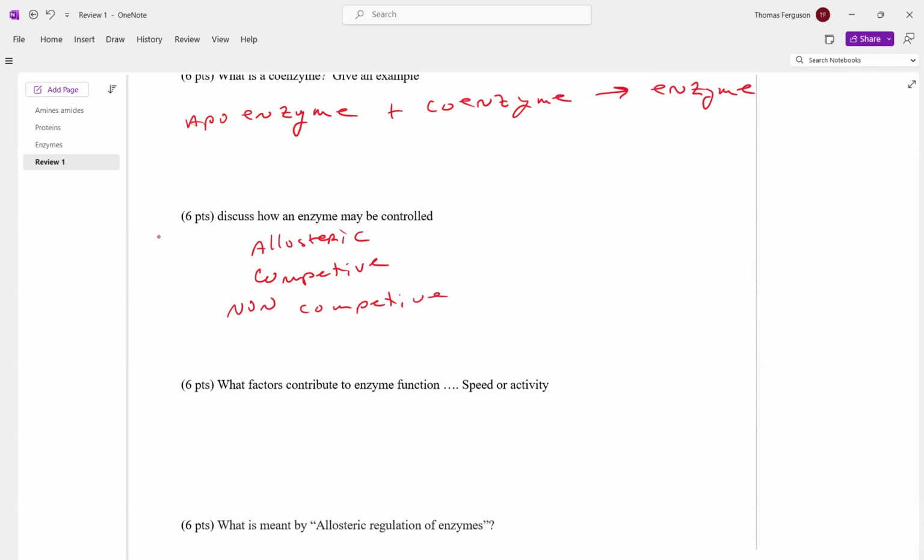And when I say control, that is inhibited or activated. Both of these can be done allosterically. These are both inhibited.